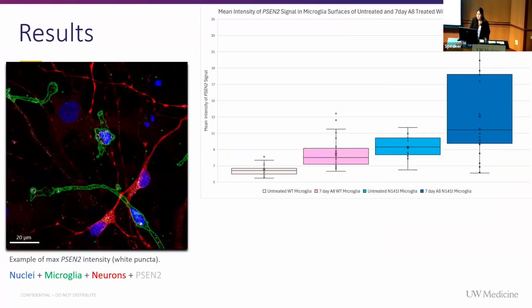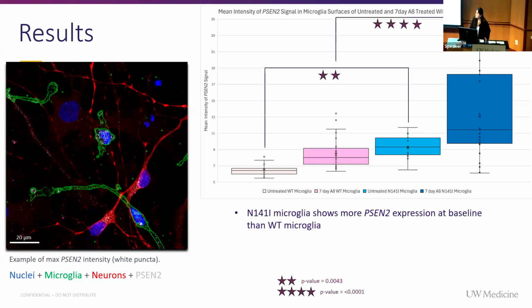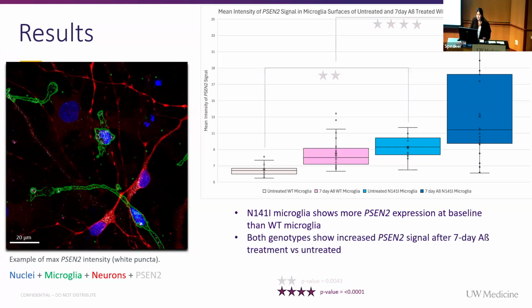If we recall, PSEN2 is important because the presenilin protein increases with immune cell activation. Our first conclusion was that the mutated microglia, seen in the blue shades, did have higher PSEN2 protein expression compared to the wild type microglia in pink. And that was just baseline regardless of treatment. The other thing we found was that the 7-day amyloid beta treatment did increase PSEN2 proteins in both genotypes.